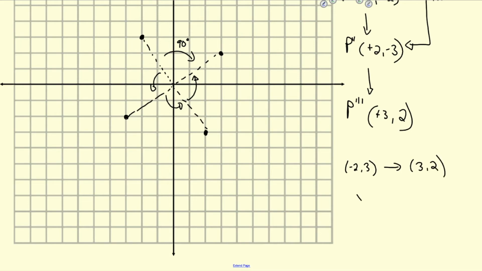Which means what really happened was we switched our x and our y, and that's where that word reciprocal again comes from, and we changed the sign of our new y.